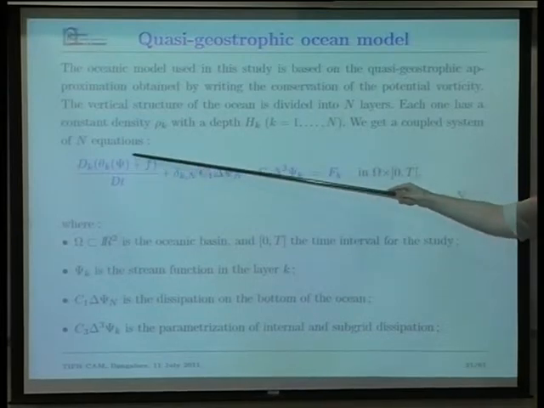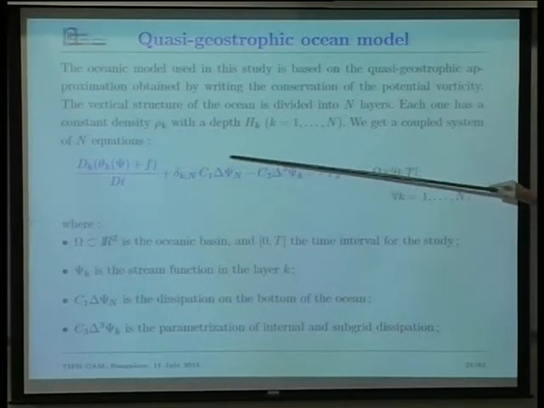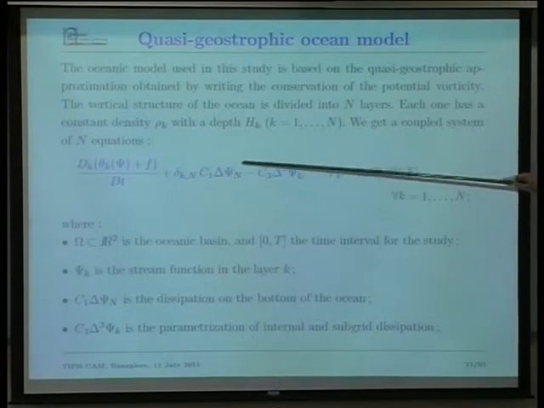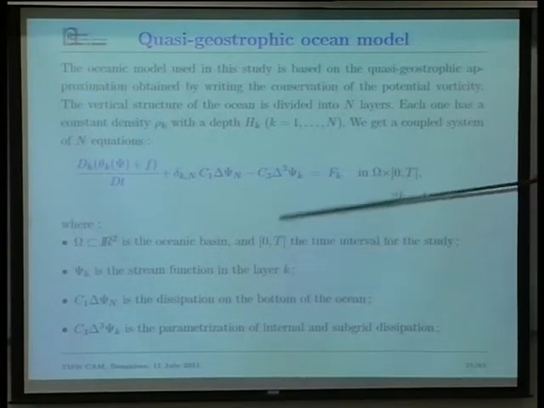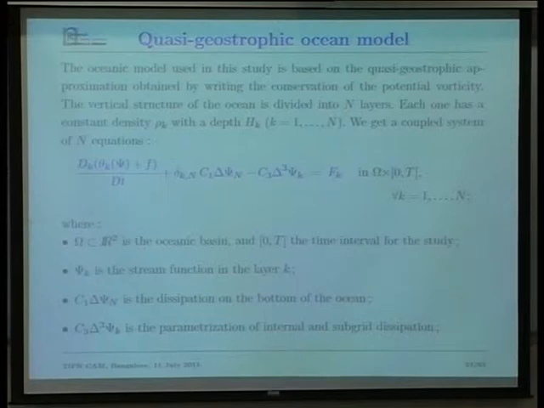You have the stream function, the vorticity, forcing, and then some dissipation at the bottom of the ocean, and some lateral friction with the 6th order differential operator. And then F is the wind stress at the surface.